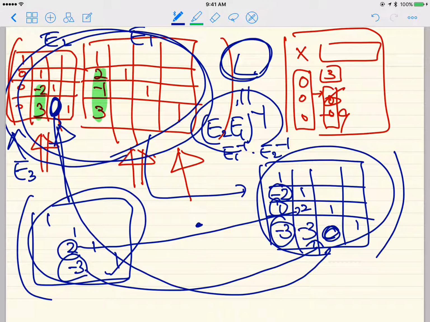Again, our assumption was we only used row replacement. We bring the upper row into the lower row.